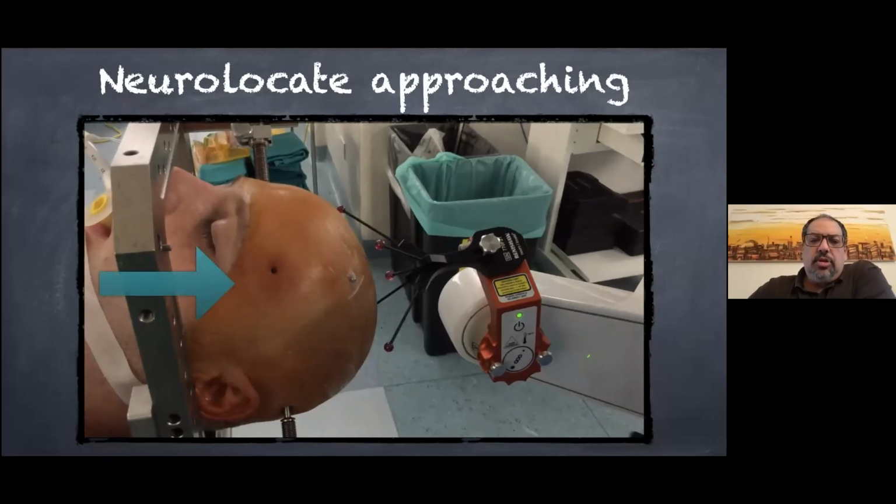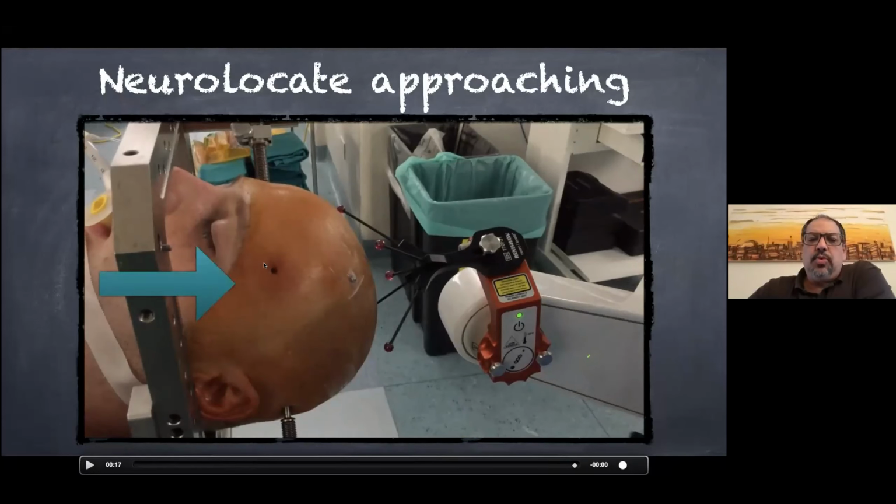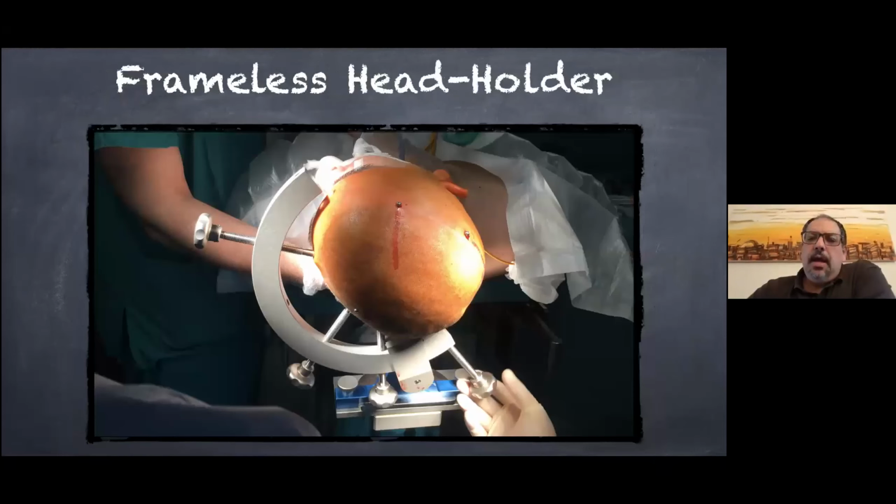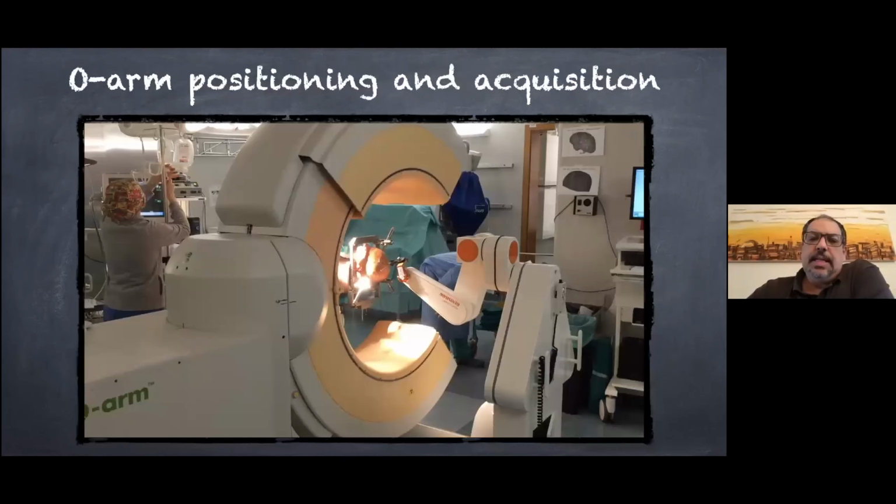I take the opportunity of this picture to let you note that we have removed, in this case, one of the 4 poles of the head holder, because in this case, we wanted to have this region more free for electrode implantation. With the Neurolocate registration, we can use also, as you see, other types of head holders without any coordinate systems.